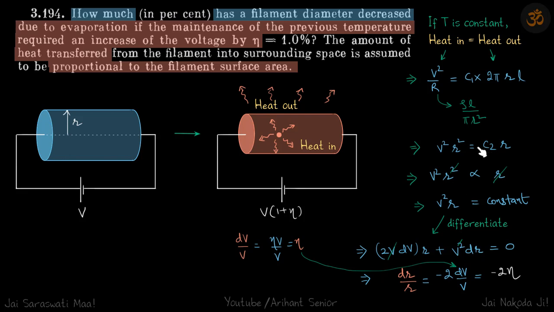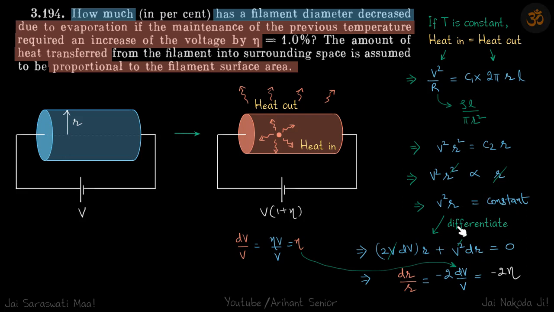So on the left side we have V square R square, right side we have constant times R. So like we discussed, if R reduces, this quantity will reduce, but this will reduce much more. So anyway, one R will get cancelled and we get V square into R is constant.